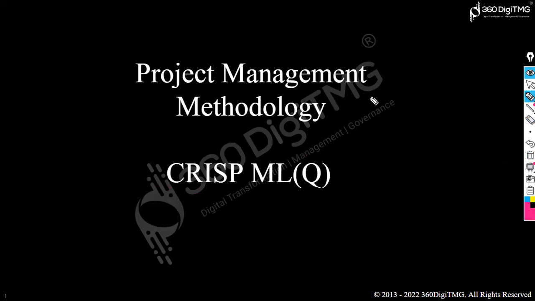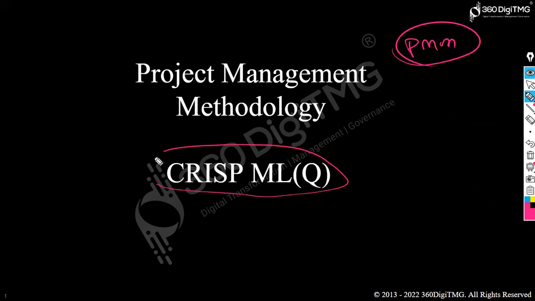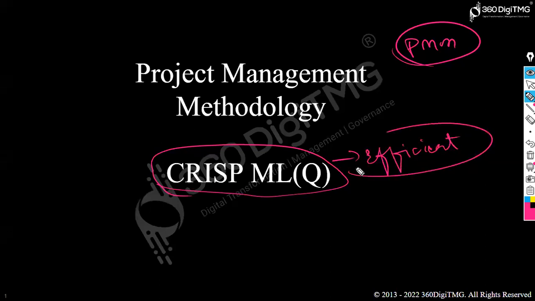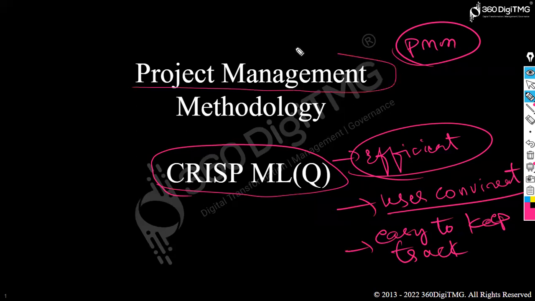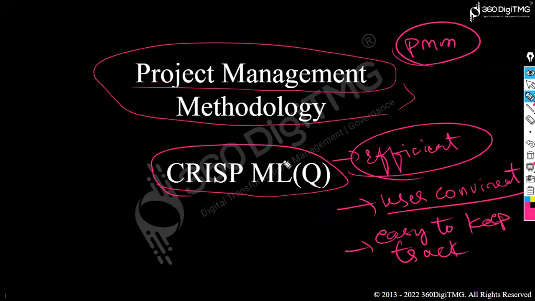Apart from other project management methodologies, we follow CRISP-ML(Q), which is very efficient, user convenient, and easy to keep track of the steps that you follow for completing this project.